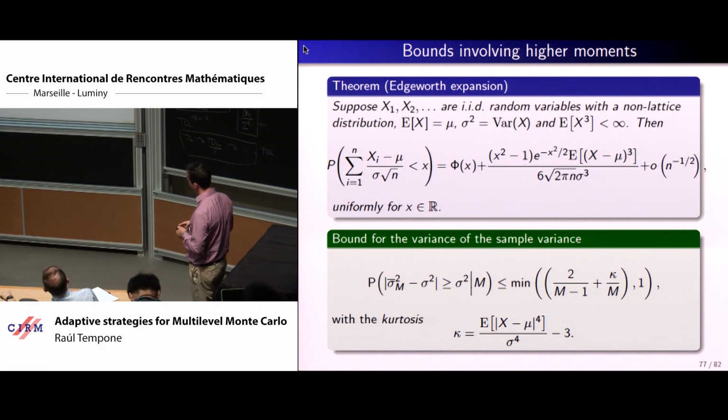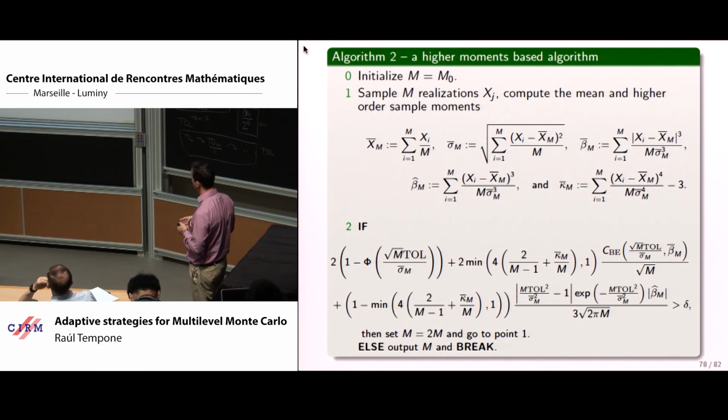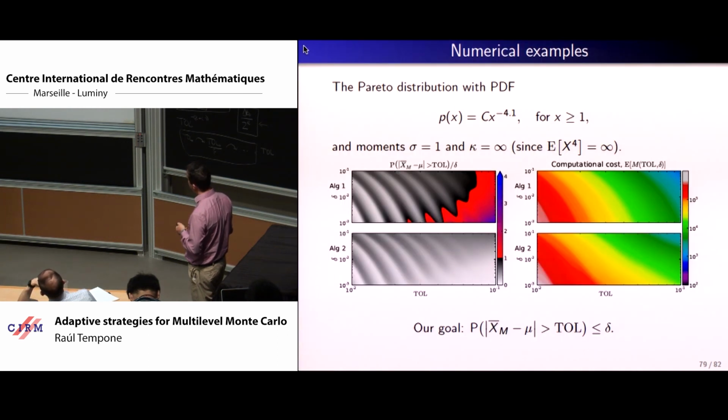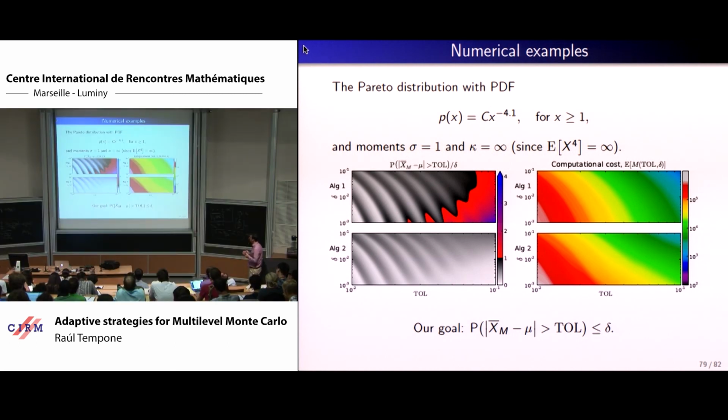Then you get an improved rule. And when you go above this rule, you see in this example that you can achieve the right prescribed failure rate with almost no change in the computational cost. And the cost here is just determined in terms of samples, because we are working with just Monte Carlo in this context. Okay?